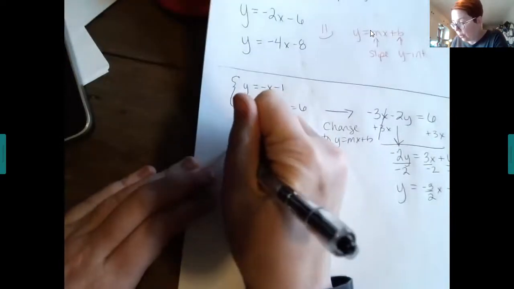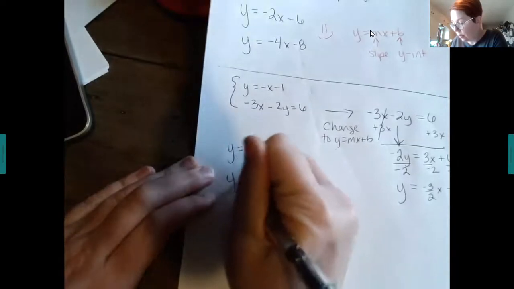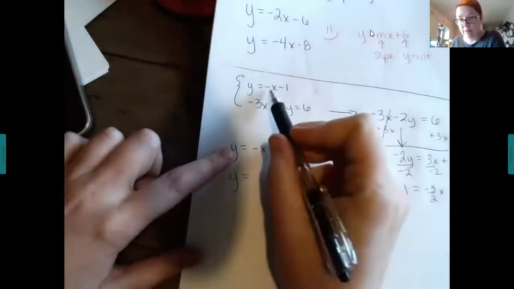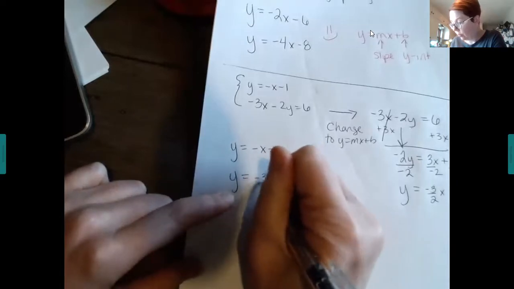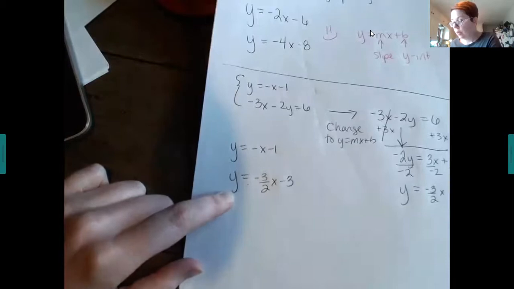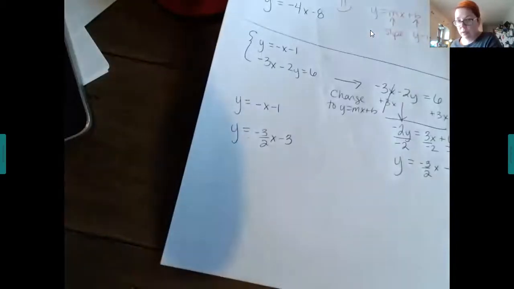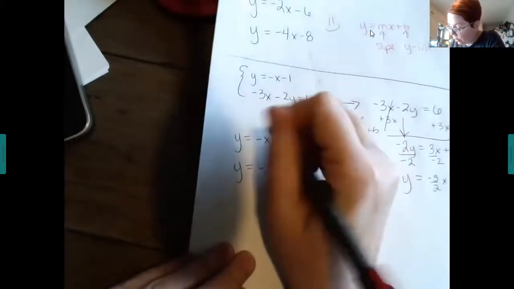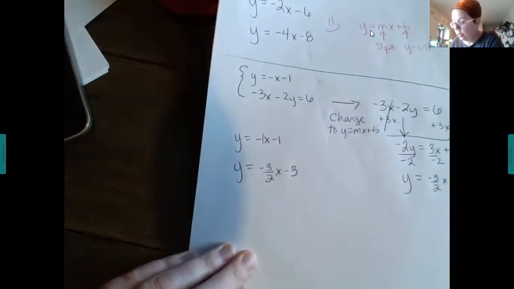So in my equations, now I know I have this first one, and now my second one is in that form, and it's easier to graph. Okay. So right here, there's not a number in front of x, but we can put a 1 in.